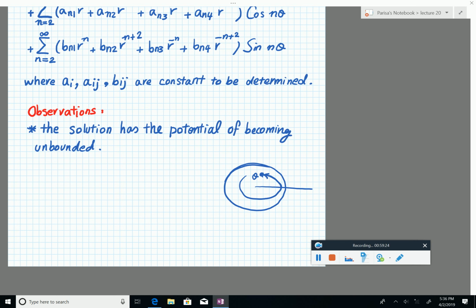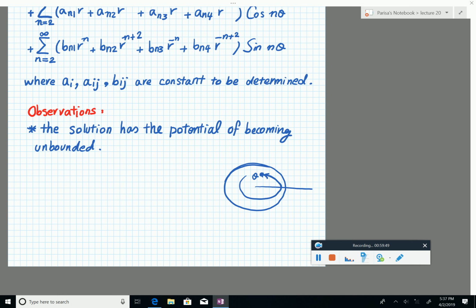Does it make sense? So if it depends on theta, it means that if you take this point, where theta is, let's say, 30 degrees, you go around 360 plus 30, it's a different theta, and then you have the possibility to have a different value here.